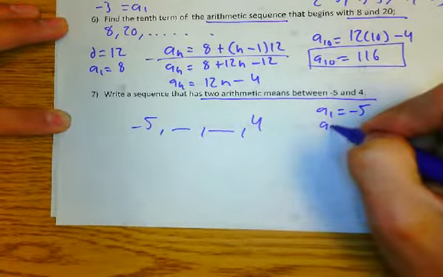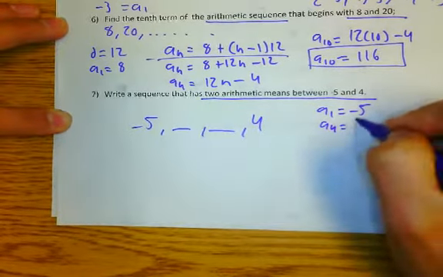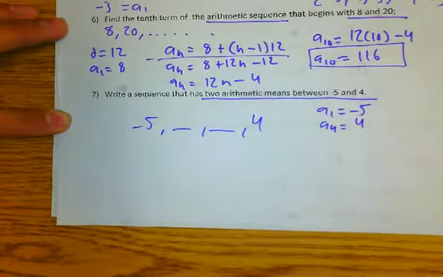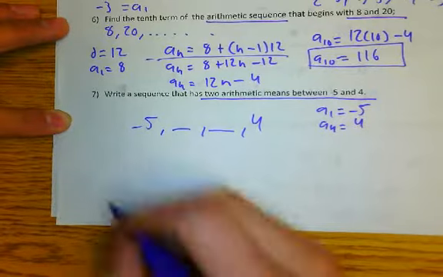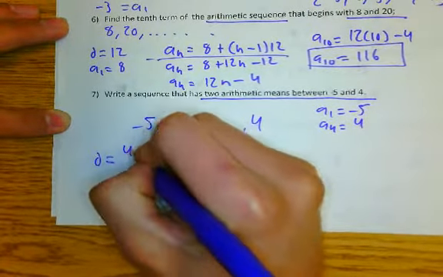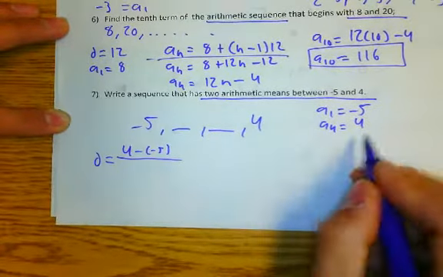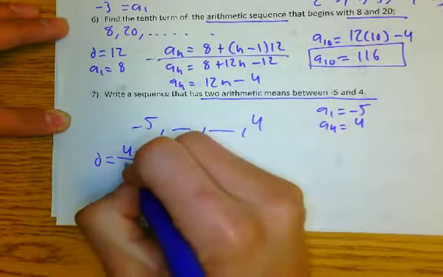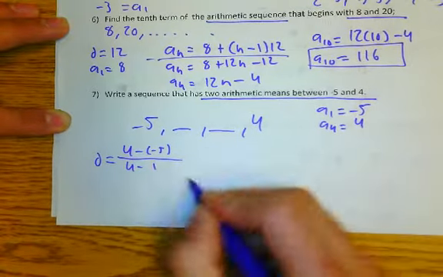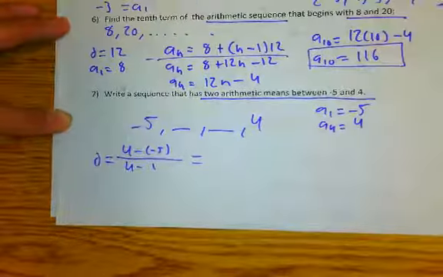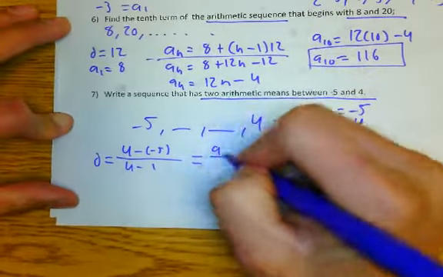So, how can I figure out the common difference? 4 minus -5, right? This is the 4th term, so 4 minus the first term. So notice it's the same thing I did for number 5, right? So what's 4 minus -5? 9 divided by 3, so that's 3. Okay, so that means that the common difference is 3.